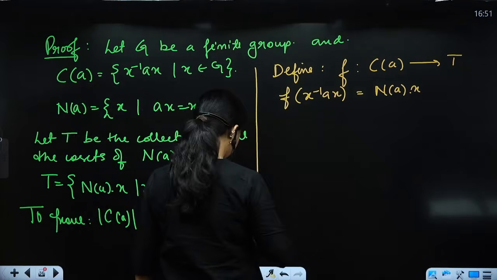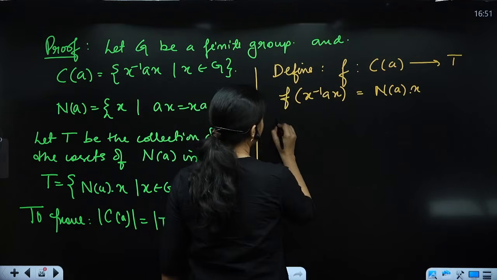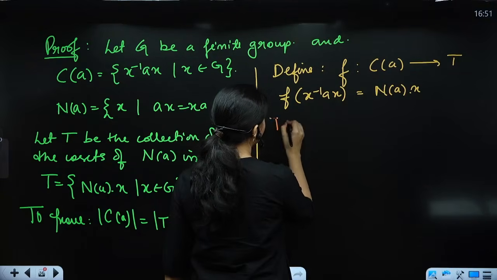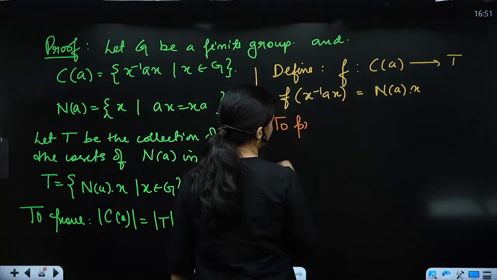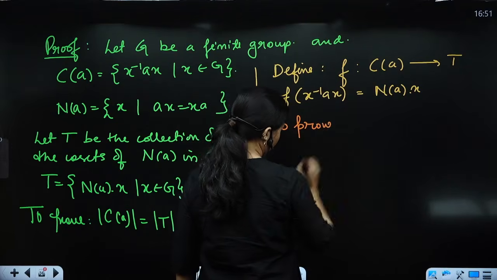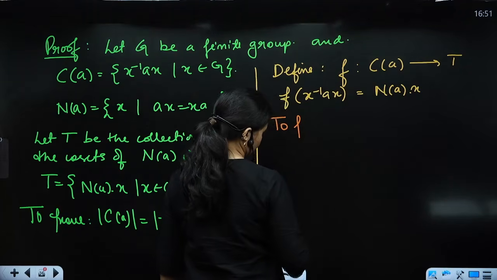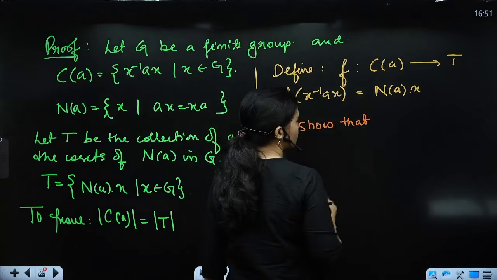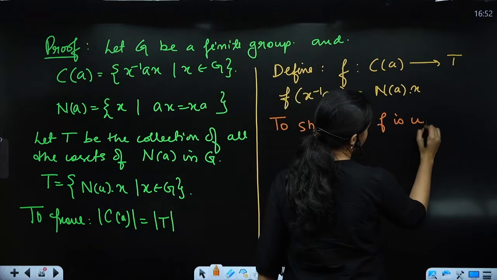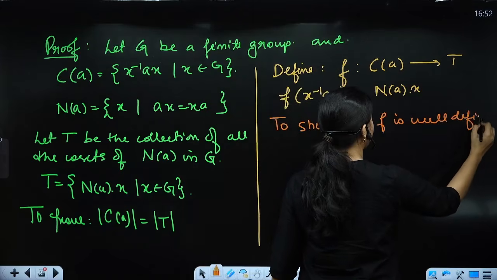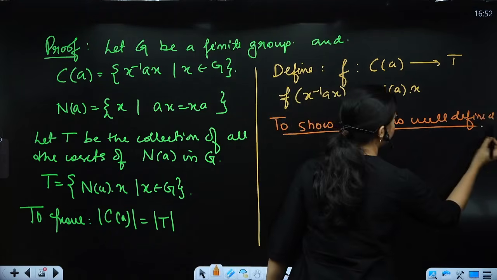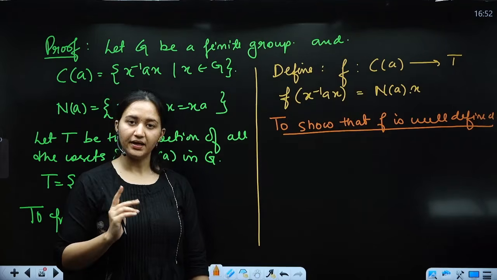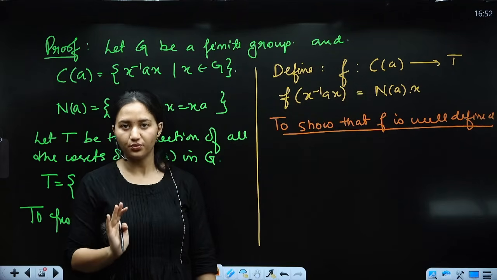Now the first step is going to be to show that f is well defined. What does showing f is well defined mean? That if I take two inputs to be equal, the outputs are also going to be the same. That means one input cannot produce two outputs, right?